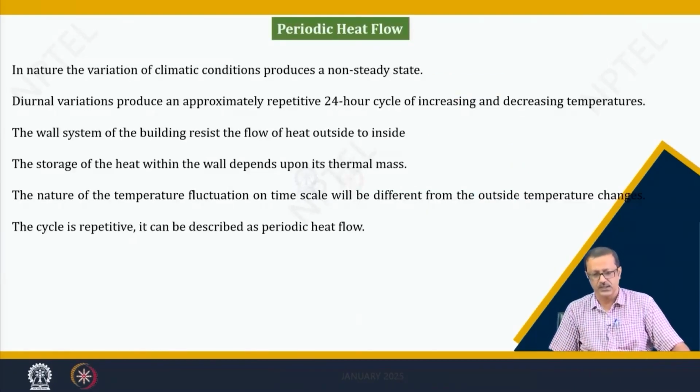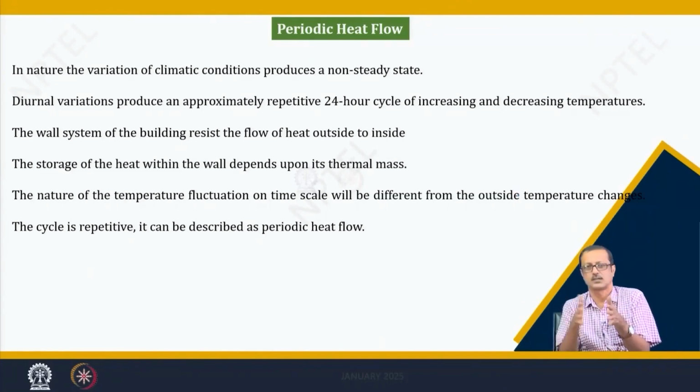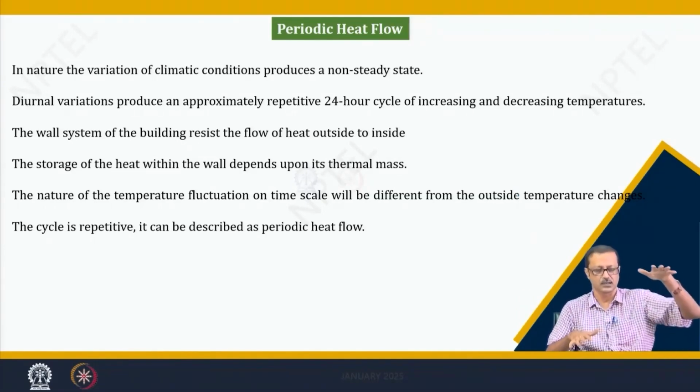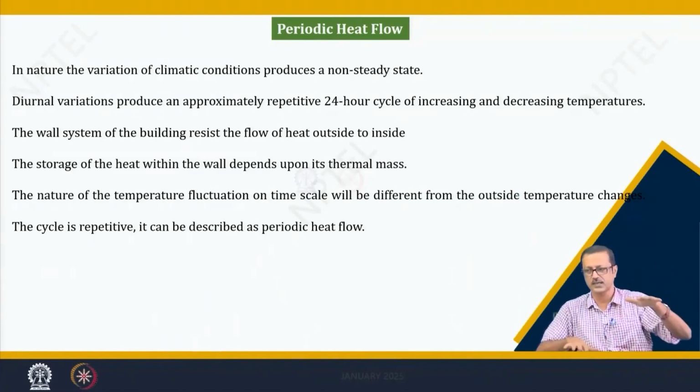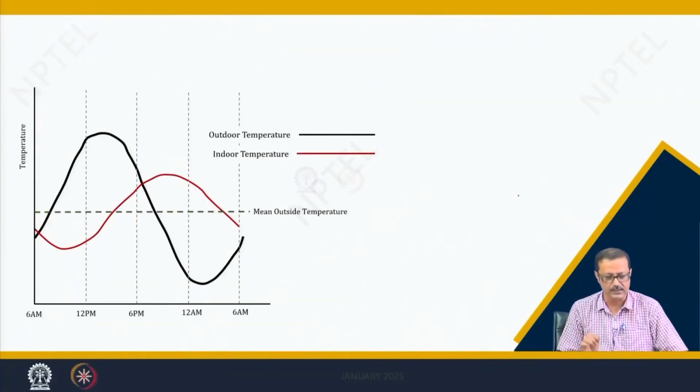Now you see the periodic heat flow: there are fluctuations of the temperature over 24 hours. It will store heat at one point and then release it to the inside. There is a temperature variation outside and a temperature variation inside, which can be shown like this.